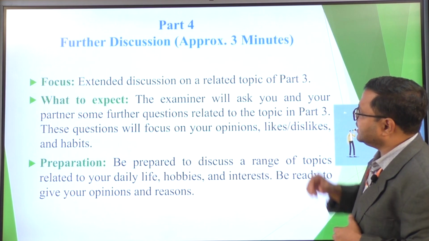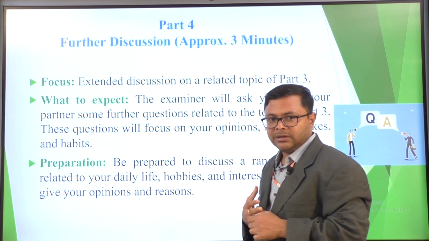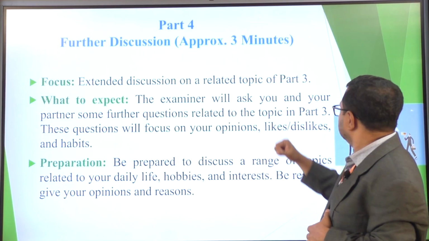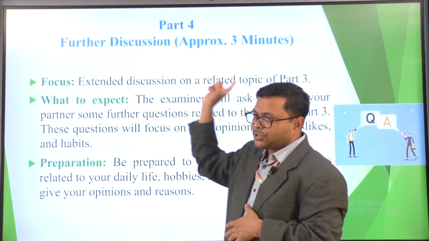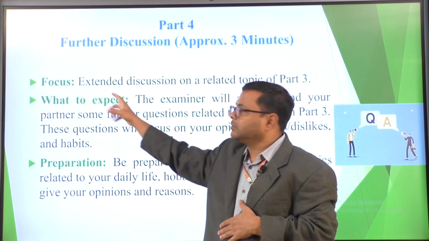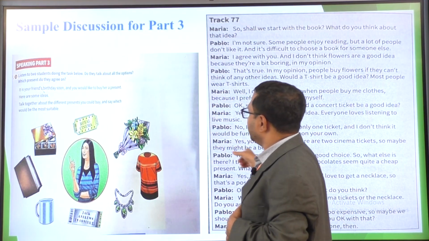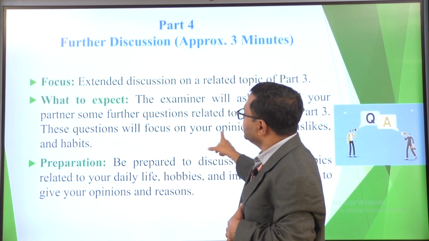Now, the last part is further discussion, further questions. It is approximately 3 minutes. It will be based on the third part, which was giving a gift, selecting a gift.